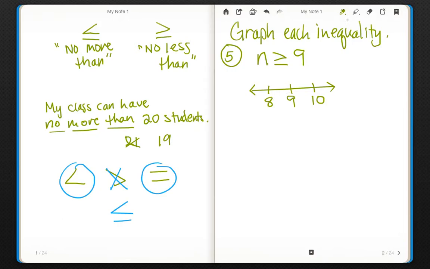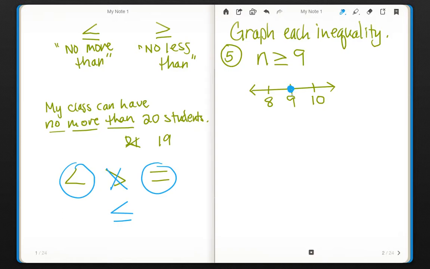So then to graph that one, let's focus in on that 9. And so we want greater than or equal to. Well, can it equal 9? Yes. And so the thing you need to know with this is that if it equals the point, you actually put a dot right there. I want it to equal 9.